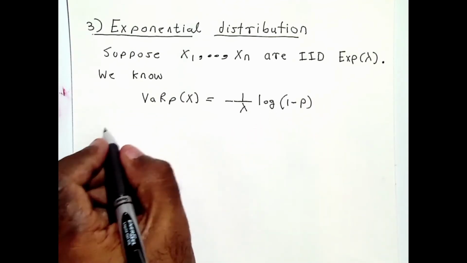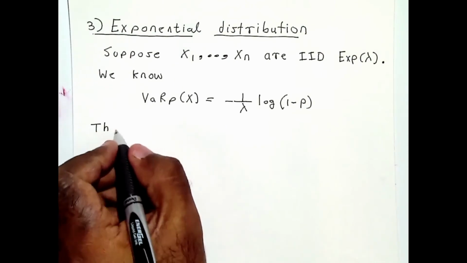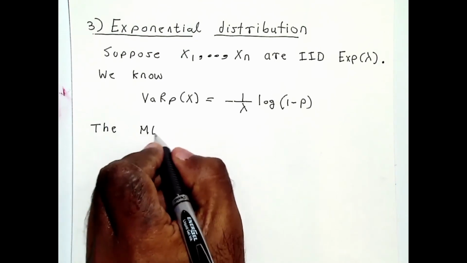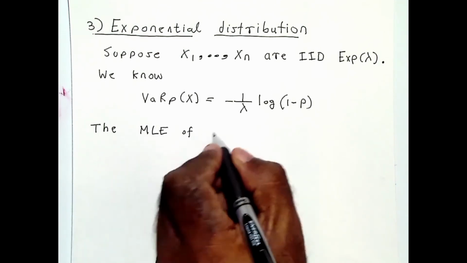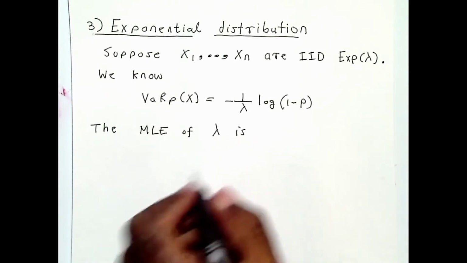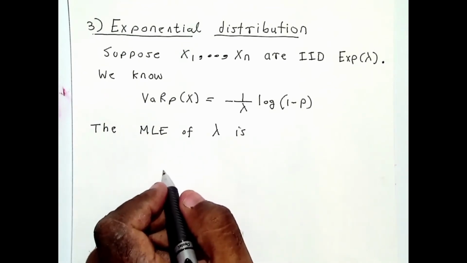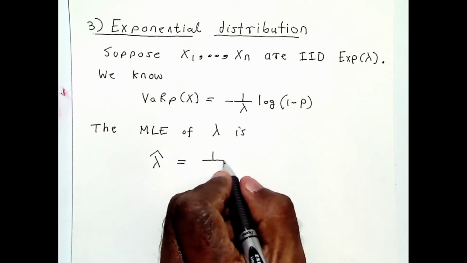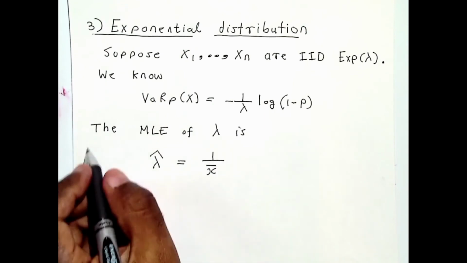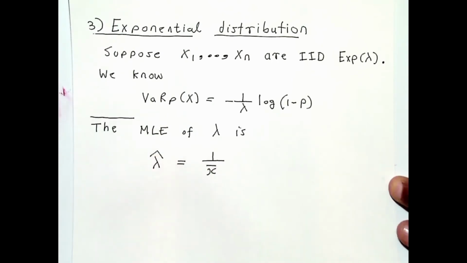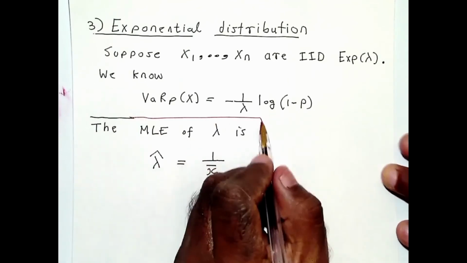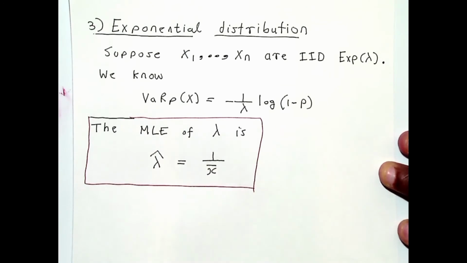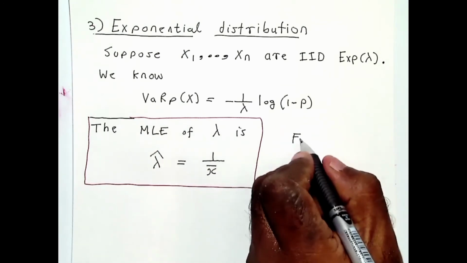minus 1 over lambda times log of 1 minus p. And you should know from the year 2 course statistical methods, the MLE of lambda is the following. Right? So you should know this from year 2, right?